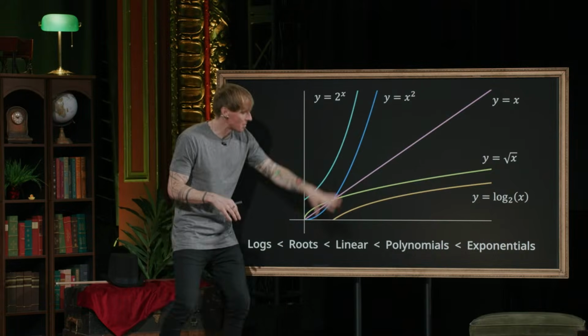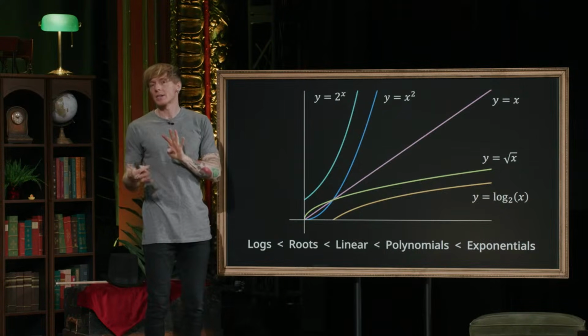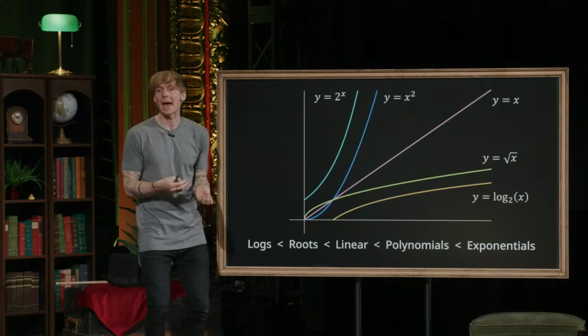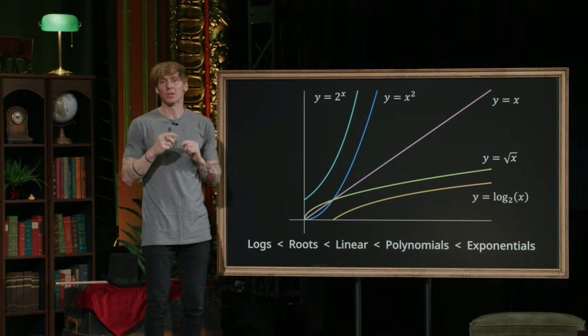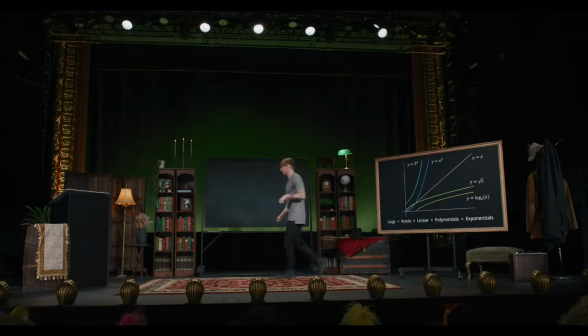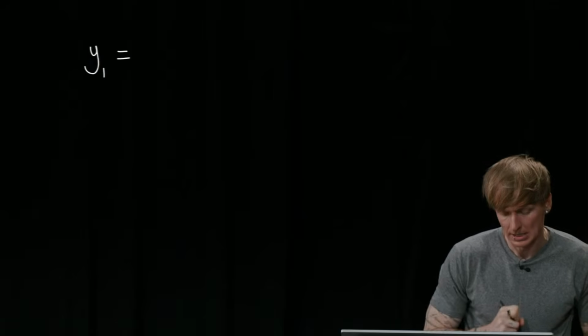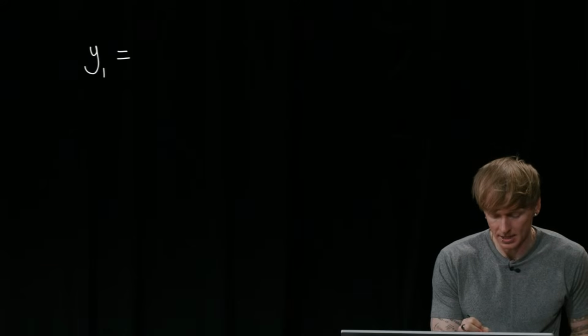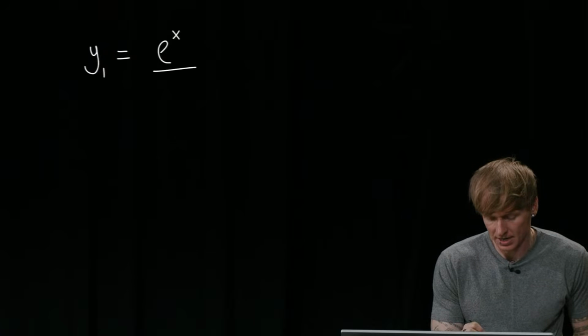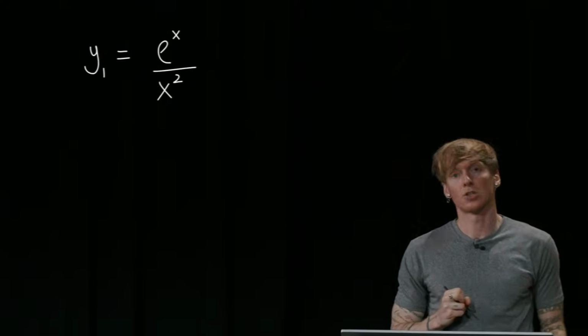So with this in mind, we can now ask some interesting questions and compare different functions. So I'm going to do that over at the board. For our first example, let's look at a ratio of two functions. So let's suppose I have the function, let's call it y1, is going to be e to the x divided by x squared.